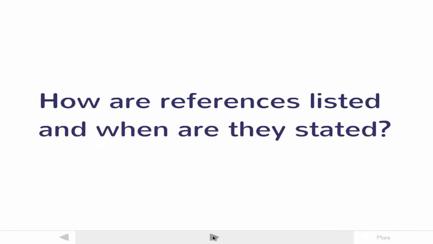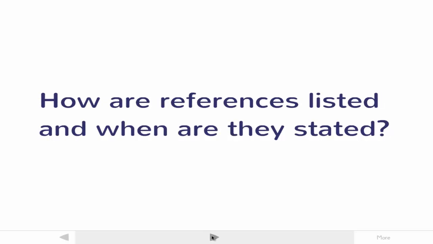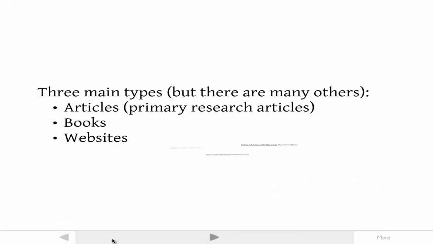How are references listed and when are they stated? So we can look at 3 examples here, and the 3 examples that we deal with mainly are articles, books, and websites. There are many other types, but for the sake of time, we'll discuss the 3 main types that, again, that we face in working with our students.